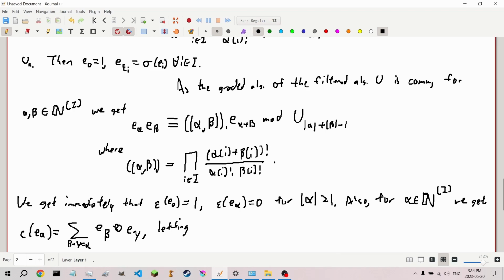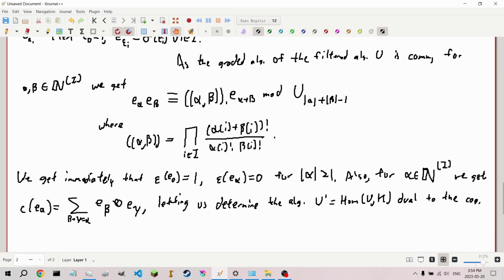Which lets us determine the algebra U prime, being equal to the hom of U to K, which is of course going to be the dual to the cogebra U.